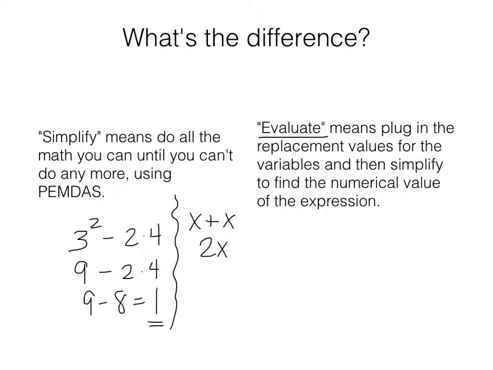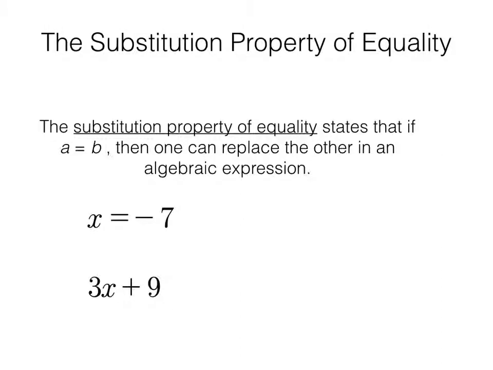So let's look at the substitution property and let's look at an example of evaluating an expression. The substitution property of equality states that if A equals B, then one can replace the other in an algebraic expression. So if I'm given this rule, like right here, x is equal to -7, then I can use -7 to replace x in any expression.